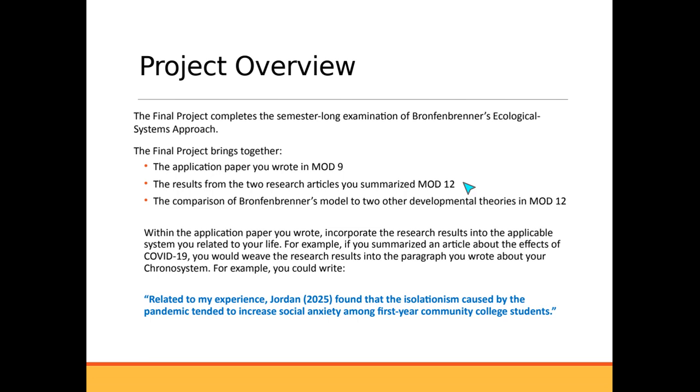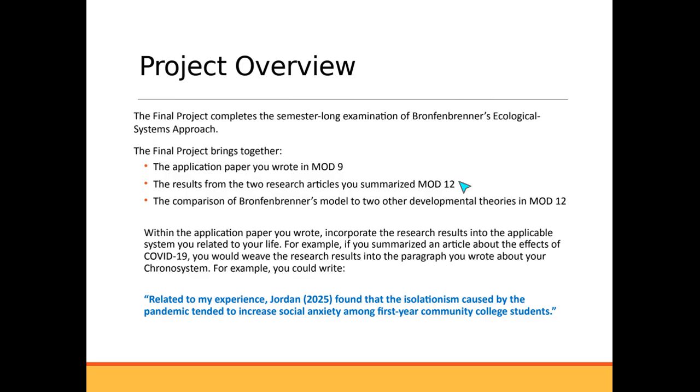And then you went on and you found 2 research articles and summarized them in Module 12 that were related to the topics you talked about in your paper. And that's purposeful because you're going to incorporate these results from those 2 papers within the system that they go with, the systems that they match. So you'll add that to your application paper to have it become part of your final project.